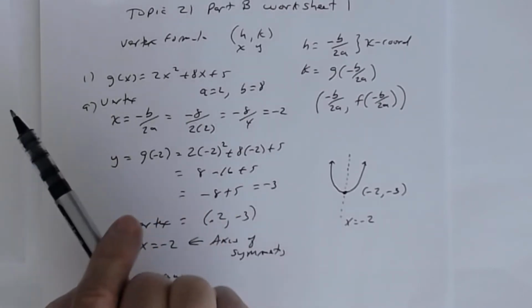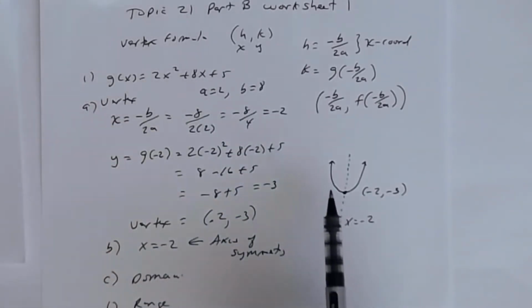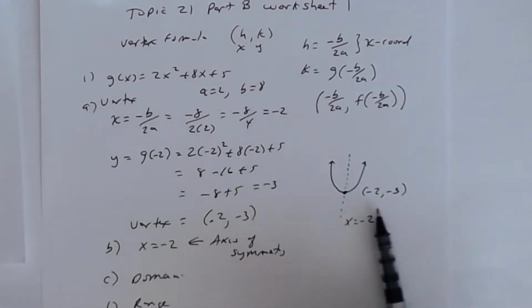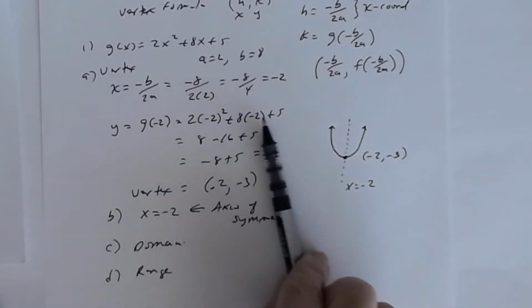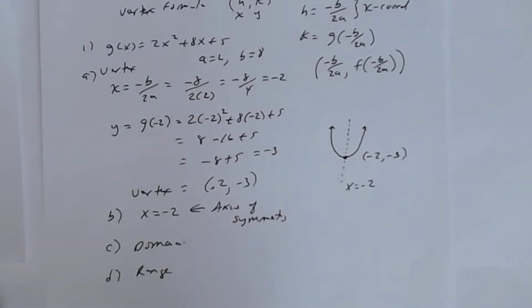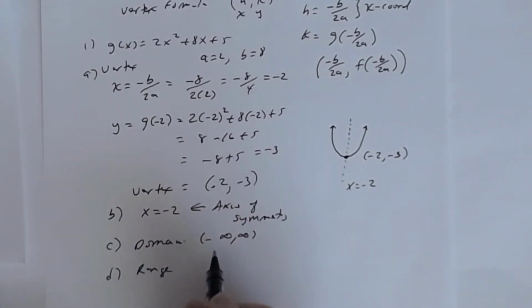If you look at the graph, remember the domain is a set of x-coordinates, so when you go from left to right, you're going from -infinity to +infinity. The domain for all quadratic functions is -infinity to +infinity.